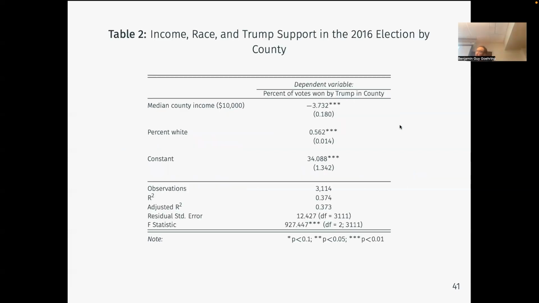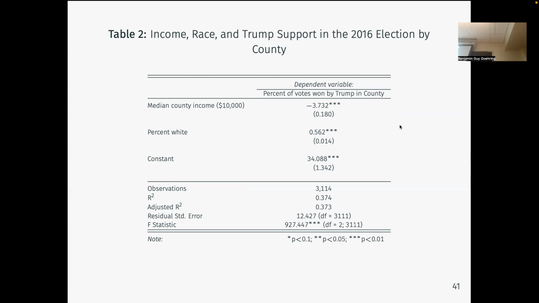So here is the same regression table, except I've added this variable that is the percentage of the county that is white. So what has happened? We see now that on average, as you increase median county income, we see more of a decrease in percent of votes won by Trump in the county.